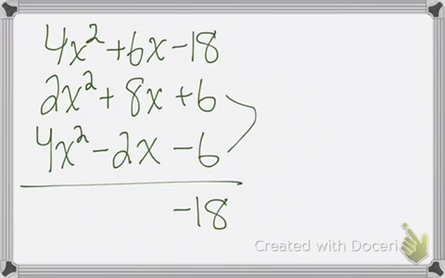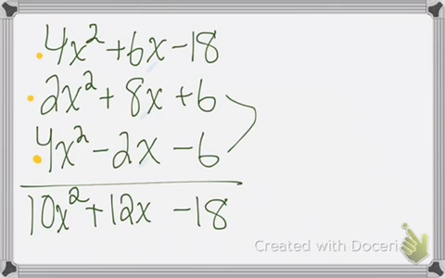And then we've got 6x plus 8x, so we're at 14, and then minus 2. That's going to get us to a positive 12x. And then we've got 4x squared plus 2x squared plus 4x squared, making a grand total of 10x squared. Okay? So that is a polynomial expression that represents the surface area of that rectangular prism.